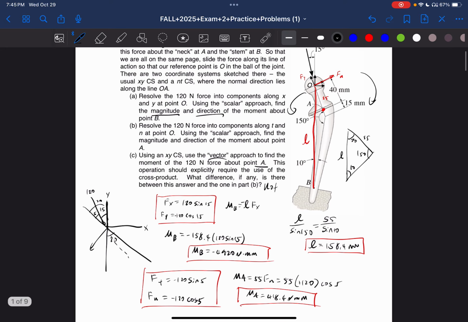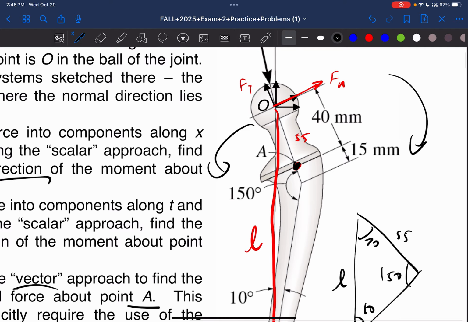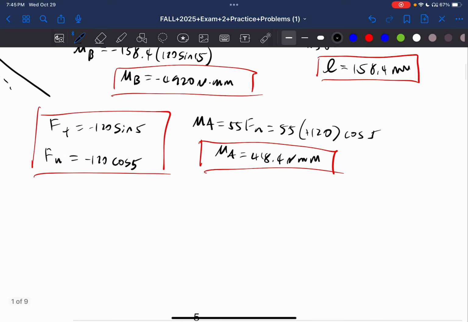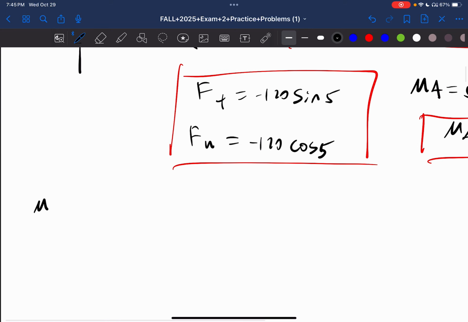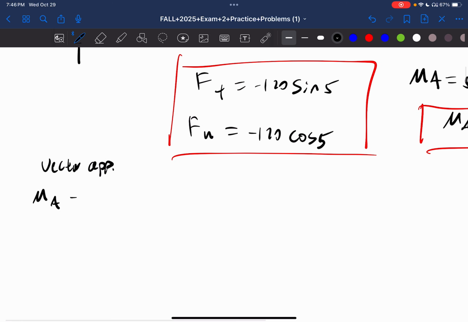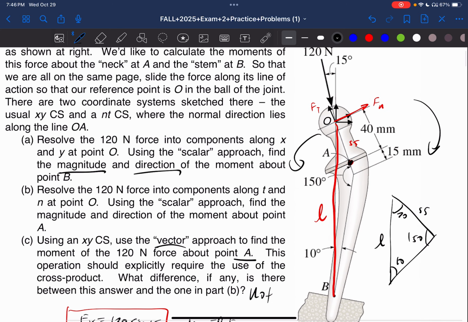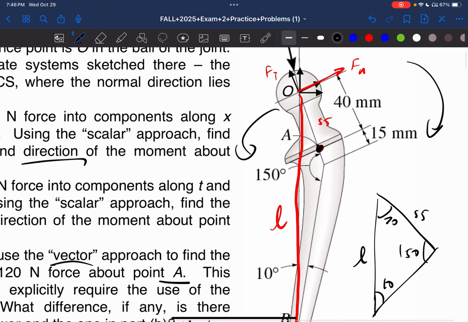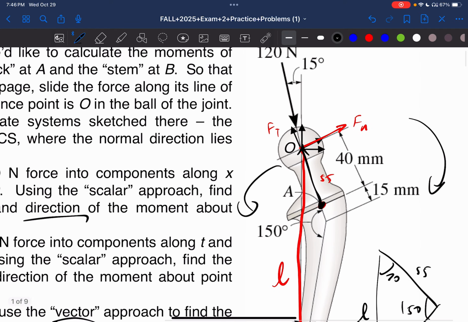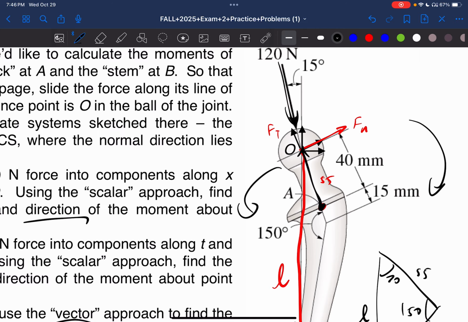Okay, so we're finding it about A. So this is our point. So let's find the moment about A, vector approach. This is going to be equal to a vector from A to O. So we need a vector from this to this, cross this force right here.